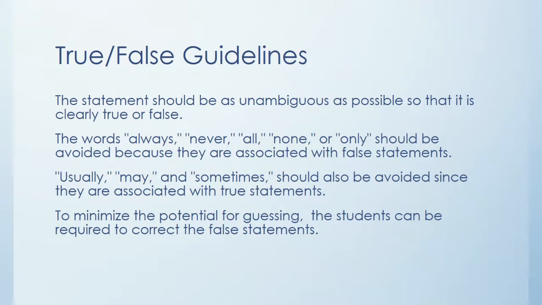So that's why it's hard to write a good true false question that doesn't have those words that clue people in about whether it's true or false. And then to minimize the potential for guessing, you can make it harder by having the student correct false statements to make them correct. I had a microbiology professor coworker at my last university who would do that.